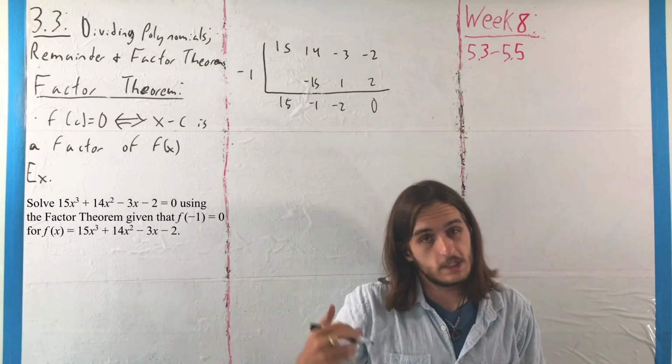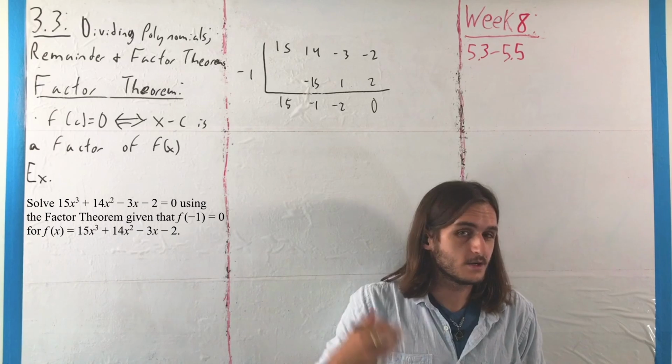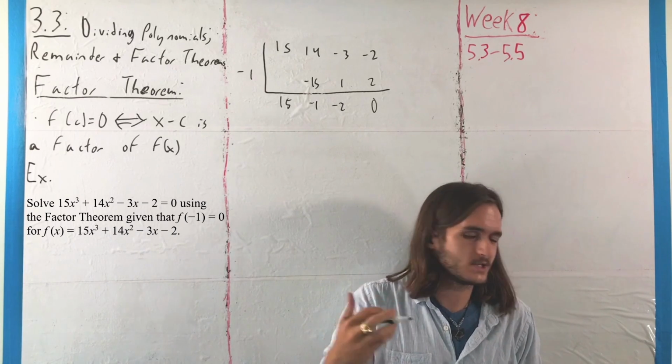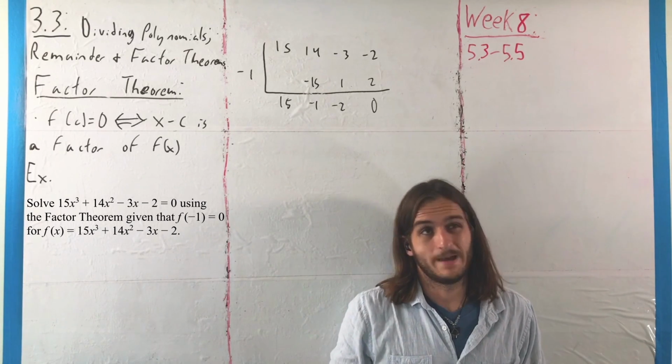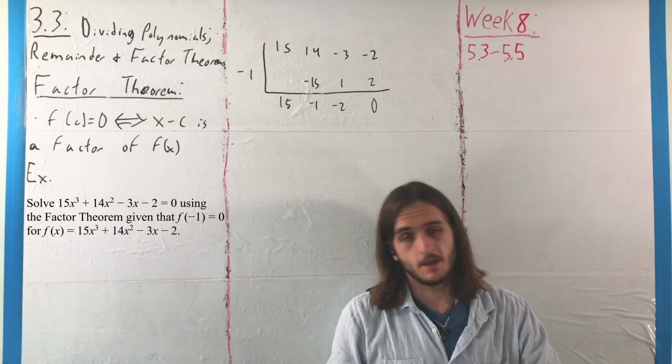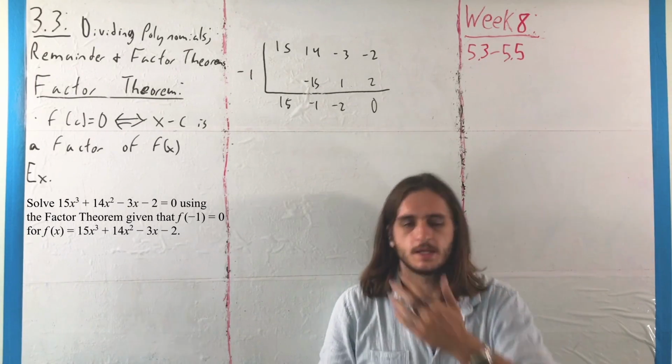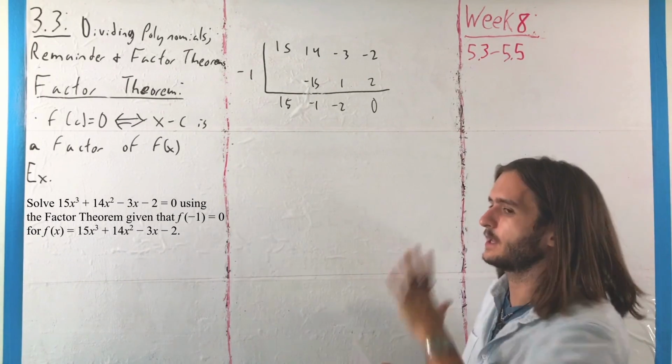Like I said, once you get used to it, it's a lot faster, it's a lot more compact, it's just better, really, than polynomial long division once you understand how you're moving the pieces a little bit carefully.